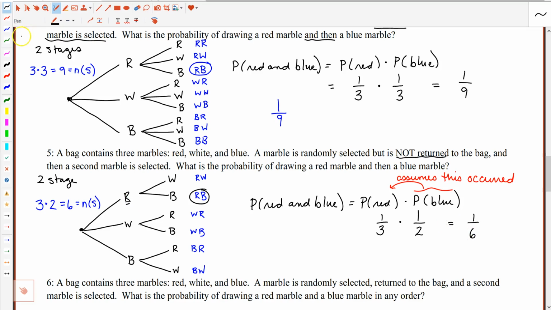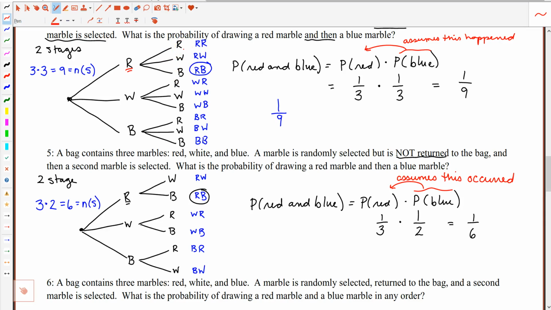Now that's also true on here. This action right here, this probability, it still assumes that this happened. So this probability is assuming that your red marble is already pulled out, that you're kind of sitting right here. But if you look at what's happening on the second branching, the probability that the second marble is blue would be there's 1 blue out of the 3 marbles in there.